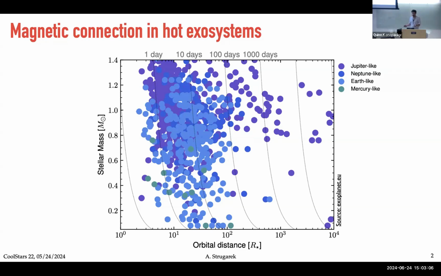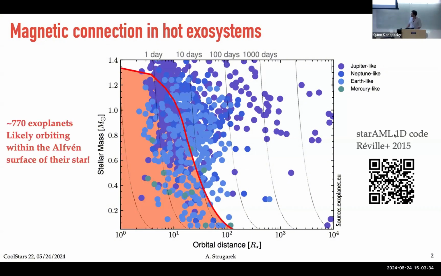If you look at the population of exoplanets, I know it's cool stars, but I wanted to show this plot as a function of the stellar mass and the orbital distance in stellar radii, where you have a constant orbital period along these lines. And if you try to estimate a characteristic distance of the stellar wind of your star, which is the Alfven distance, the distance at which the accelerating wind overcomes the local Alfven speed, it would give you this red line here.